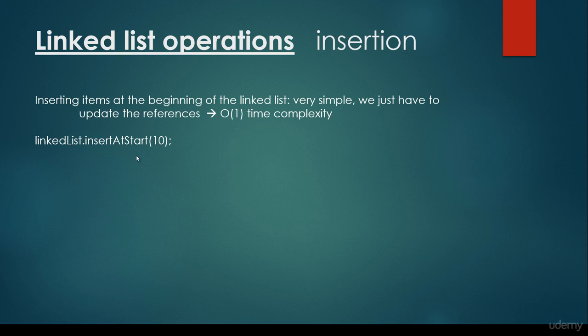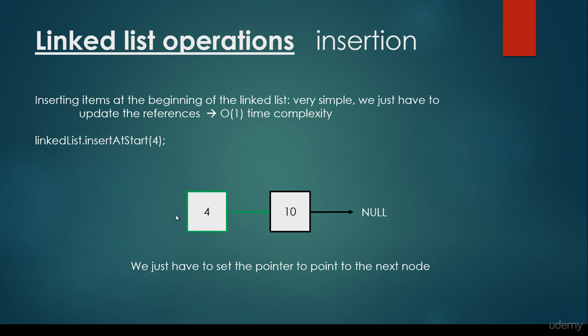So this is what we have been discussing, that if we would like to insert items at the beginning, we are going to insert it to be the head. It's going to point to a null or a None in Python. If we would like to insert 4, then basically it's going to be the head of the linked list, and we set this new node to point to the previous head of the linked list.